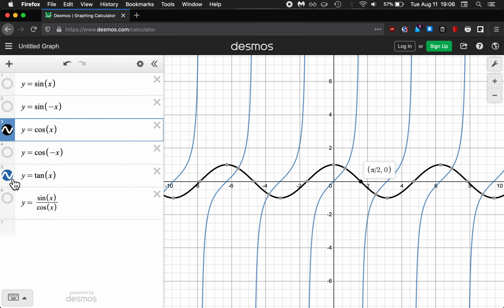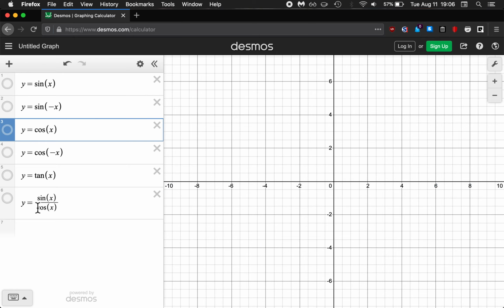So as I was saying, sine, cosine, and tangent are probably the most common of these functions. The other 3 are the secant function, the cosecant function, and the cotangent function. So of those, I find cotangent to be the easiest to remember.